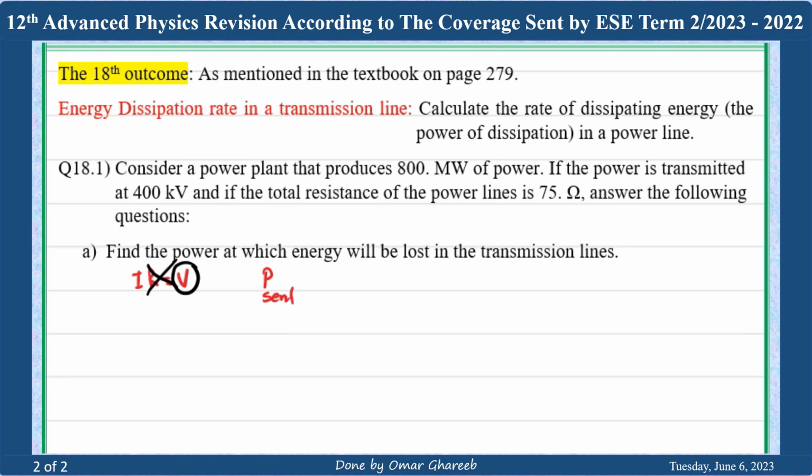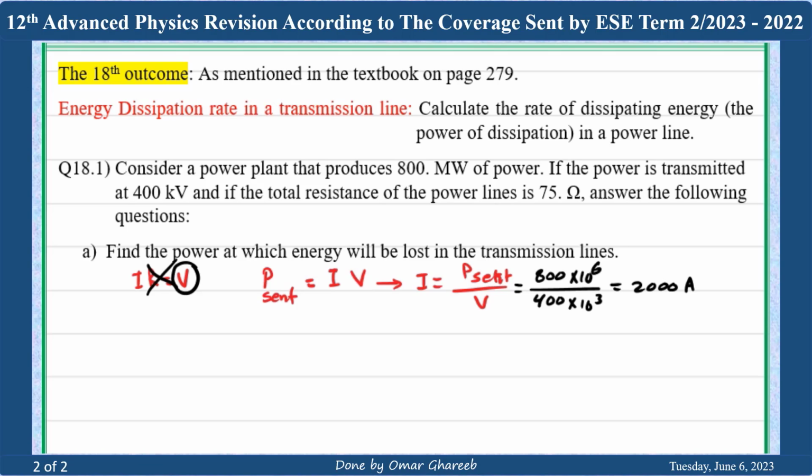Sent power equals I times V. Then I equals the sent power over V. The sent power is 800 mega, 10 to the 6th, and the voltage is 400 kilo, 10 to the 3. The answer is 2000, I think, ampere.